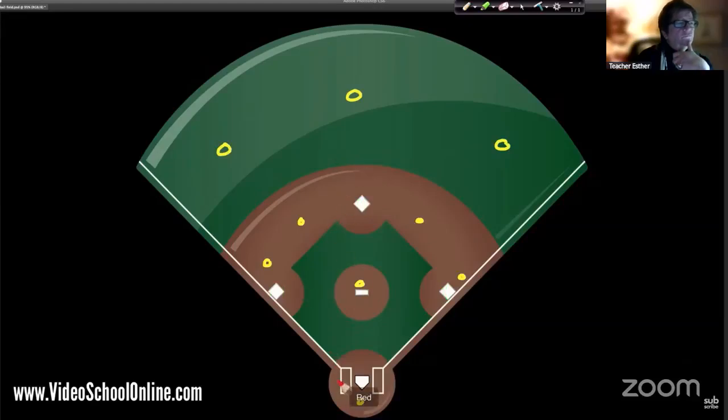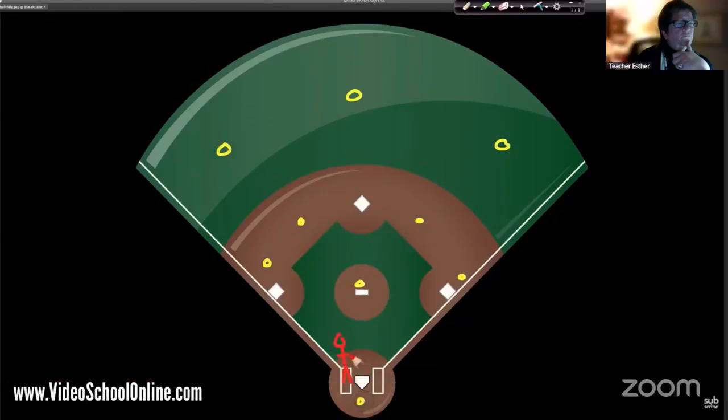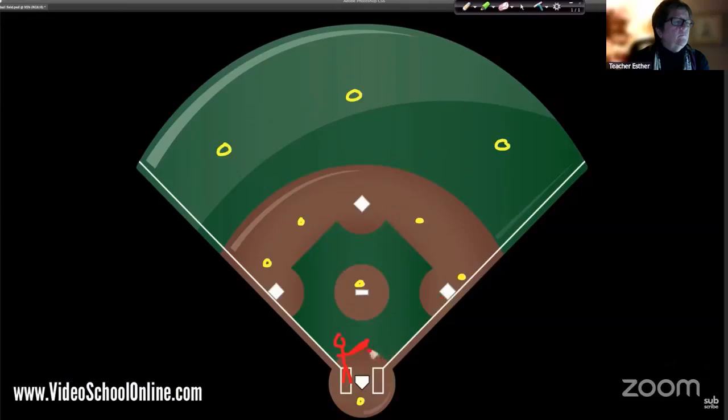The offense, one at a time, they go up to the plate, home plate, and they are trying to bat. They are trying to hit the ball into the field, and they are trying to get on base. So if they hit the ball into the field, they are able to run to first base.